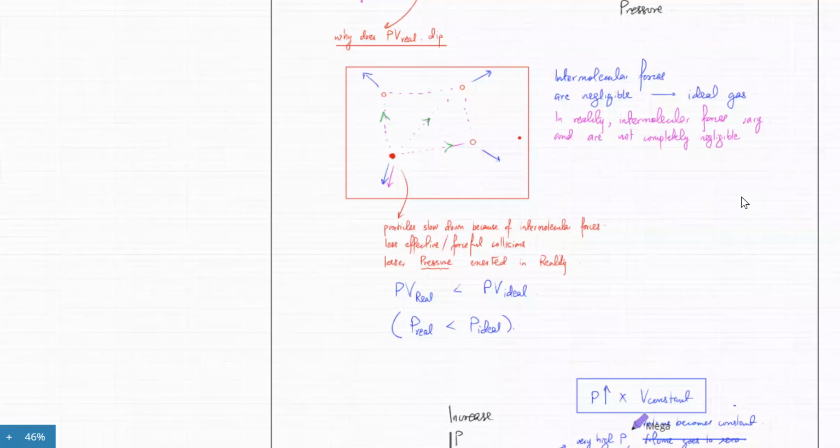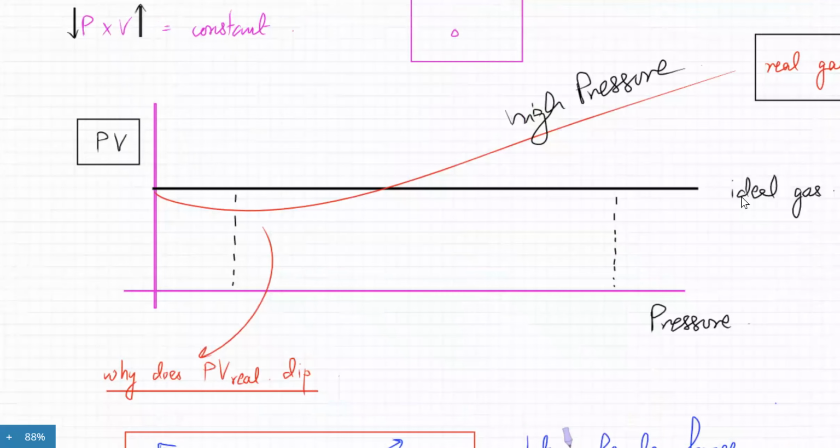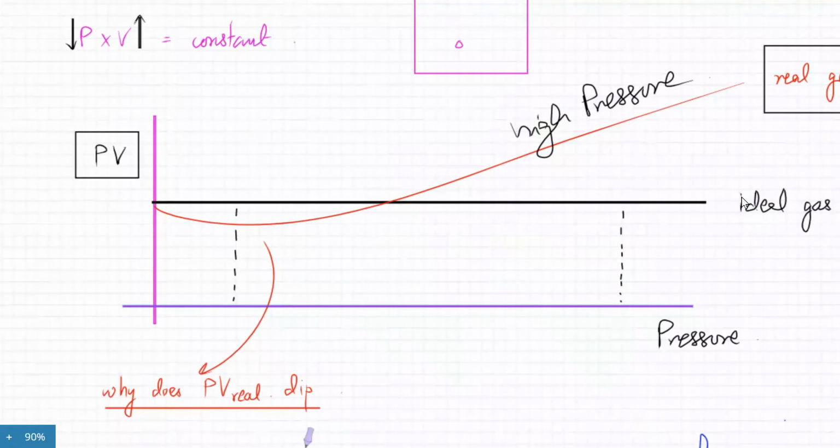So that means at high pressures, let's go back to our graph. At high pressures, why is the graph going up? You're increasing pressure constantly, and the volume is now stuck. It's constant. It's not changing. It's not compressing. Previously, what was happening?